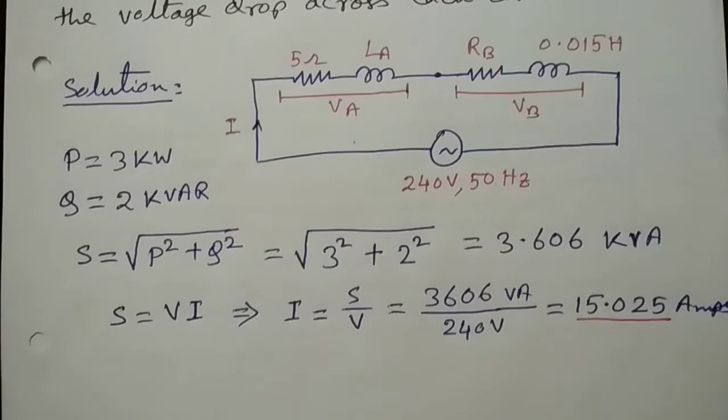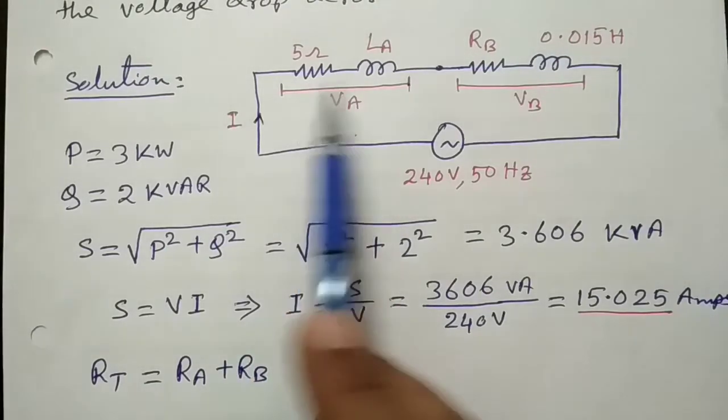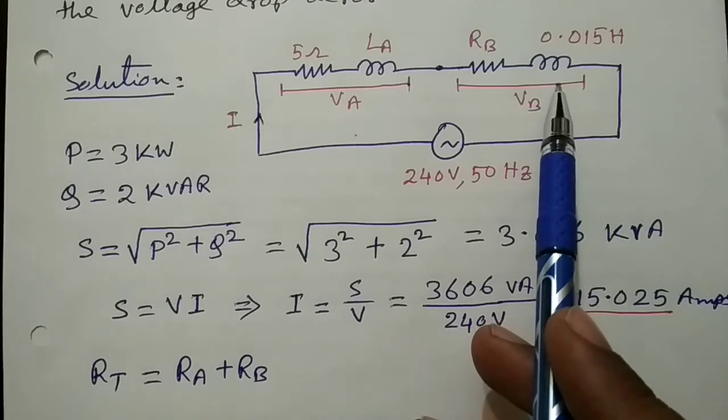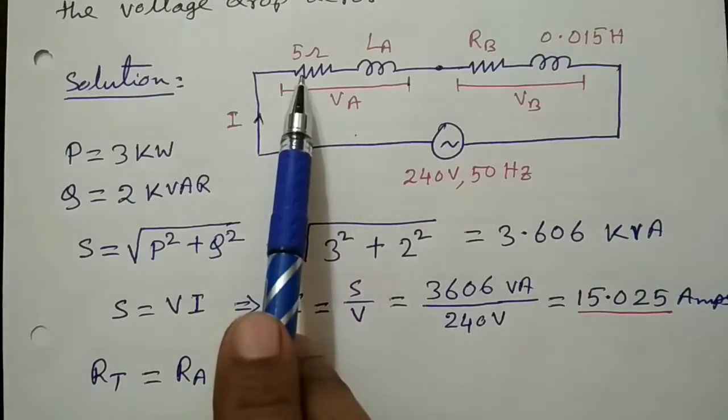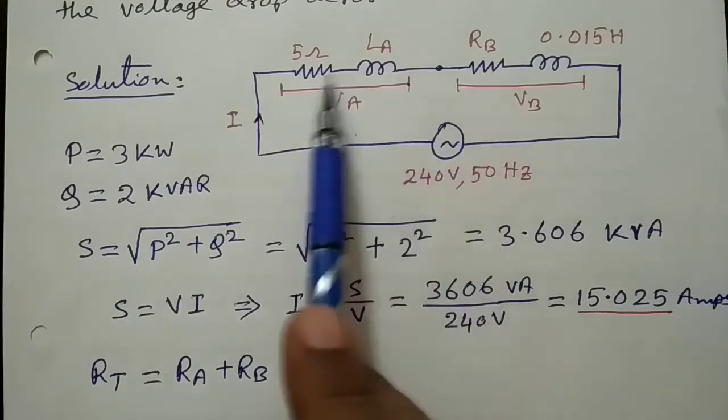Next, we have to find the total resistance of the circuit. The total resistance of the circuit will be RT, and it will be the sum of RA and RB. Because in this circuit the two coils are connected in series, therefore the net resistance will be the resistance of the coil A and the resistance of the coil B, their summation.